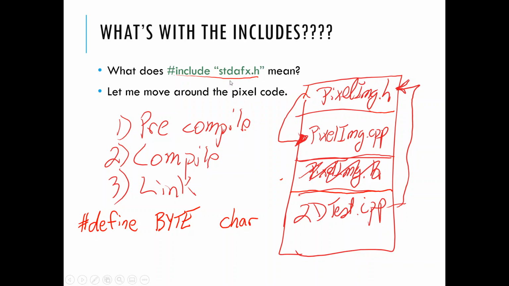Another use of pre-compilation is that I might want to define what a byte is as a variable type. It might be a character, right? A character is exactly 1 byte. We've said that that's the only basic data type that we have that is exactly 1 byte. So I may not want to put the word char everywhere, because I do not want to accidentally think that a color I'm dealing with, if I have a red, green, and blue set of values, is a char.